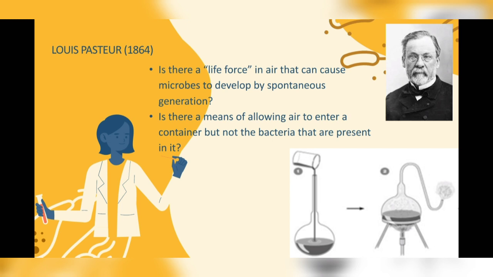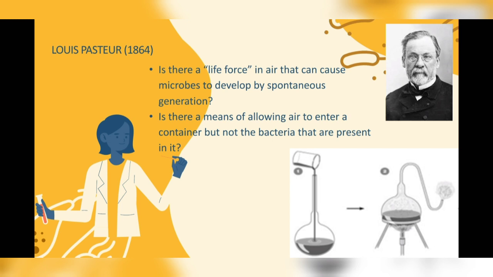The sterile broths were then left to sit at room temperature and exposed to the air in their open mouth flasks. After several weeks, Pasteur observed that the broth in the straight neck flask was discolored and cloudy, while the broth in the curved neck flask had not changed. He concluded that germs in the air were able to fall unobstructed down the straight necked flask and contaminate the broth.